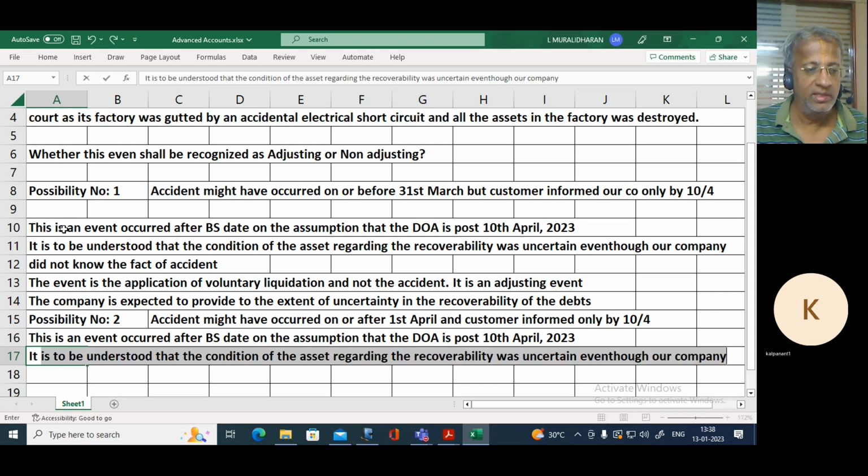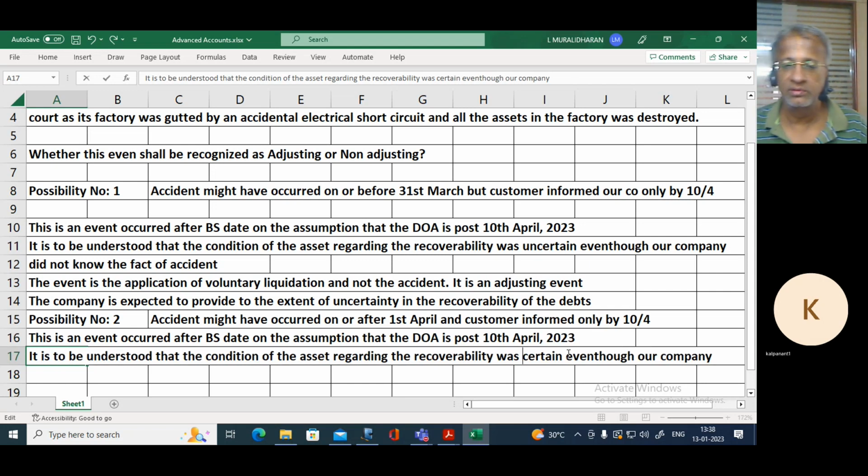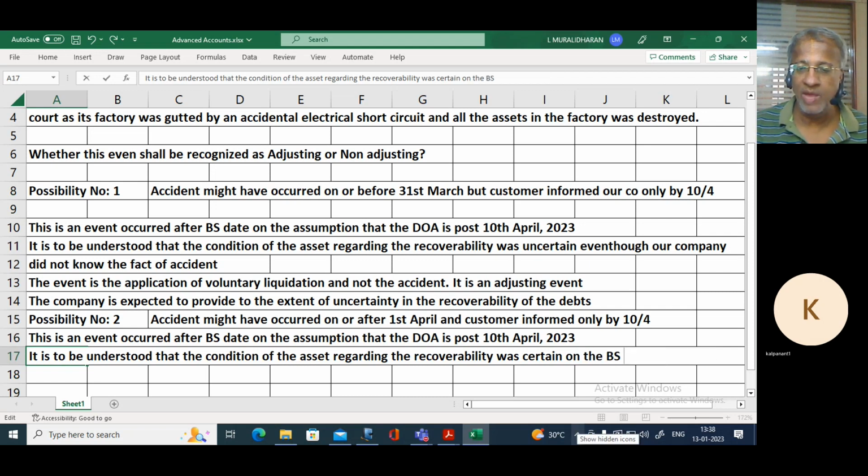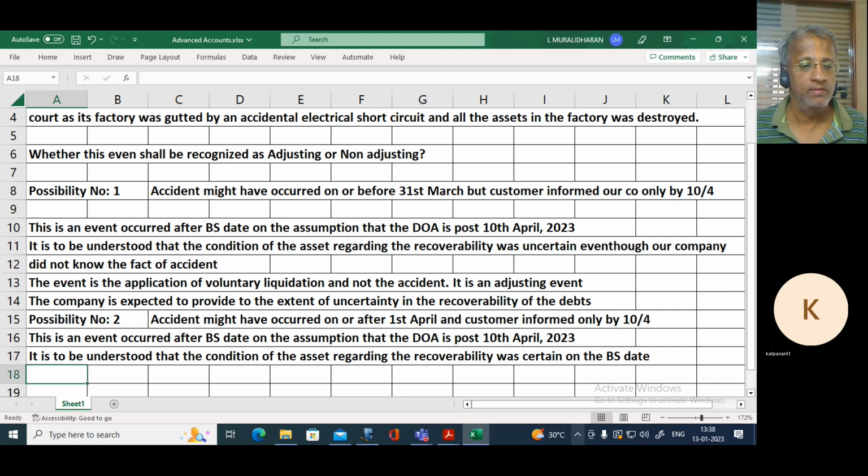Here, it is understood that the condition of the asset regarding recoverability was certain on the balance sheet date. Hence, it is a non-adjusting event.